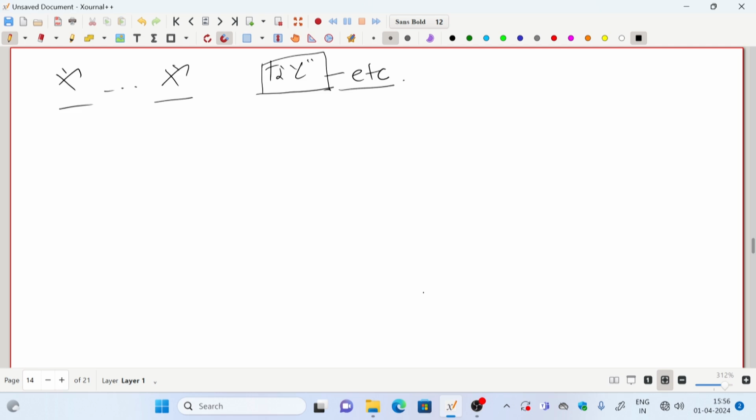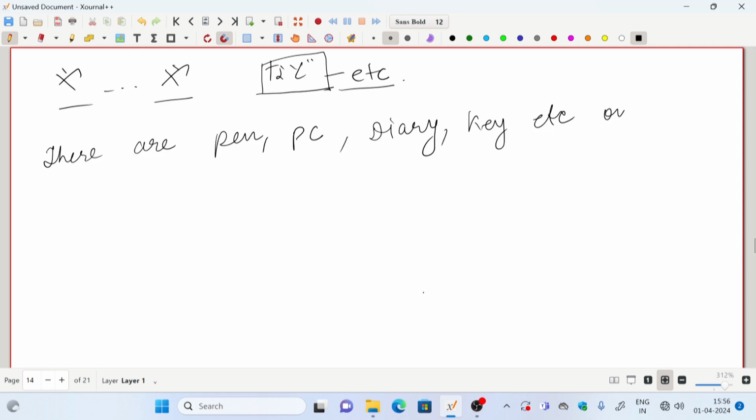If we want to describe a table where there are many things on the table, suppose there are pen, PC, personal computer, diary, key, etc. on the table. For this etc, there could be a water bottle, there could be some small paper which is not useful, for those things we use etc.